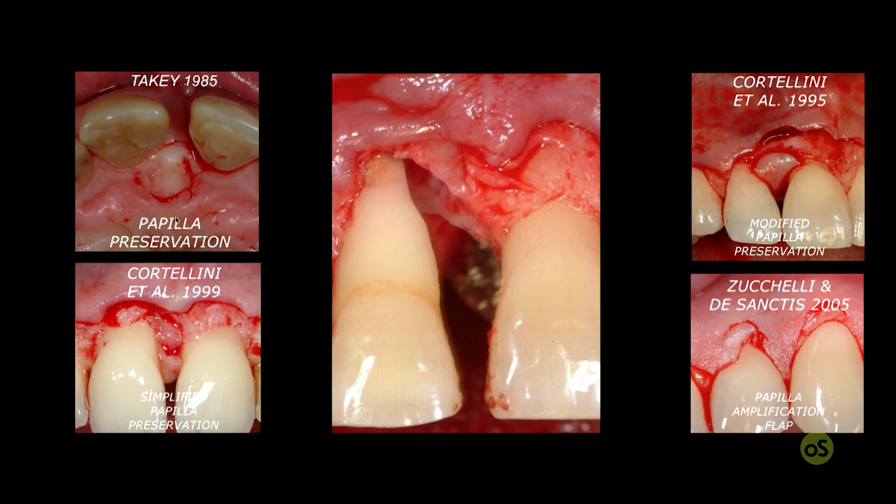This is called the papilla preservation procedure, introduced by Takei. Or the opposite: you can make an incision at the buccal aspect, and the whole tissue is turned towards the palatal aspect and elevated with the palatal flap. This is called the modified papilla preservation procedure, introduced by Cortellini.